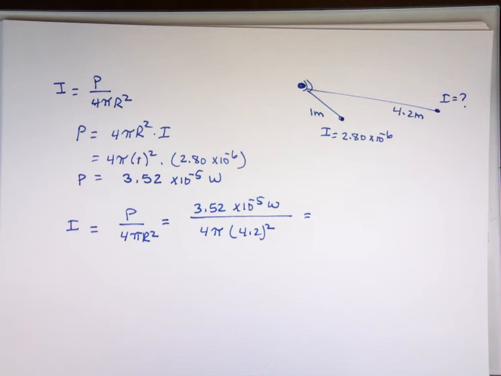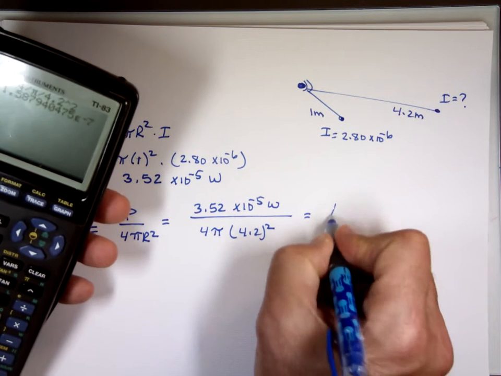So 3.52 e to the negative 5 divided by 4, divided by pi, divided by 4.2 squared. Oh, I got a syntax error. 4.2 squared. It's the same number.